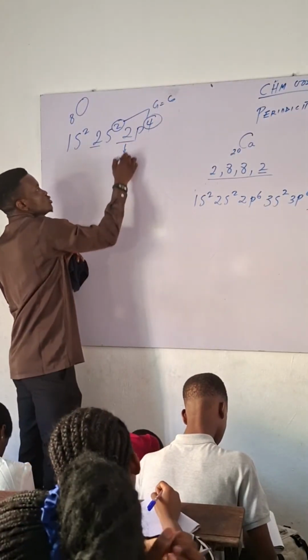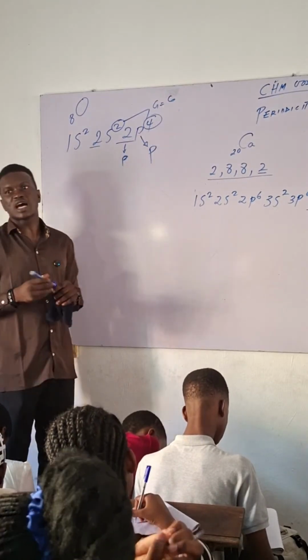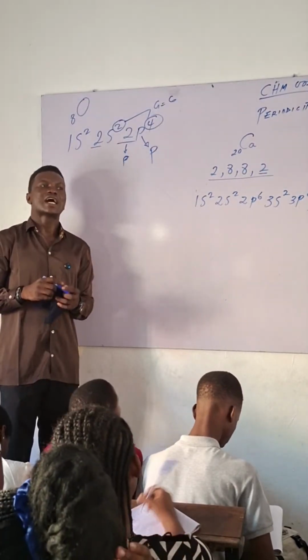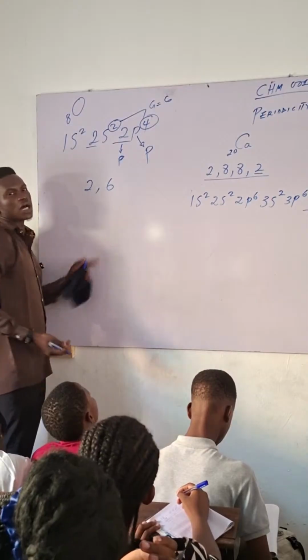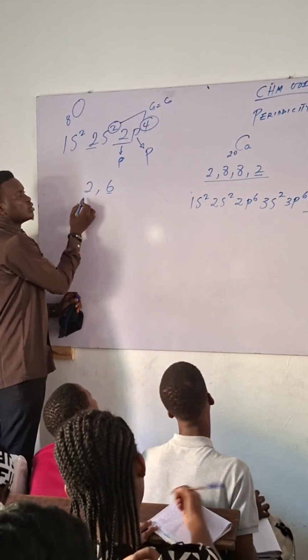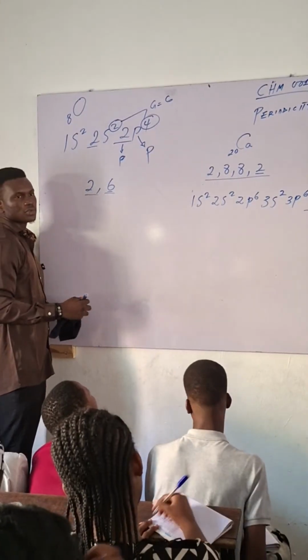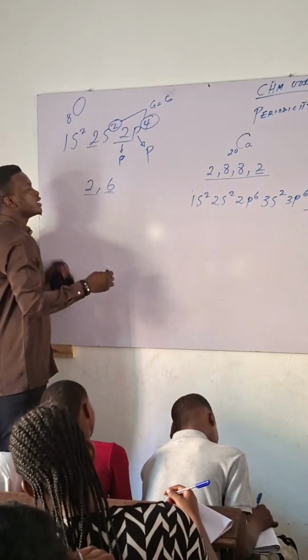Period 2 and block. So it is that last one that will determine the block. You could have also written it as 2,6. At least this one will not deceive you. So it belongs to group 6, period 2. But you can't tell the block except the last subshell.